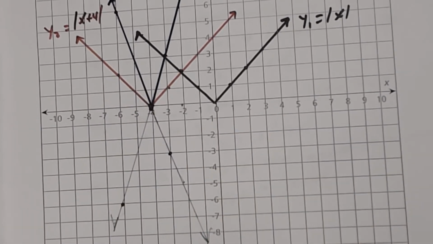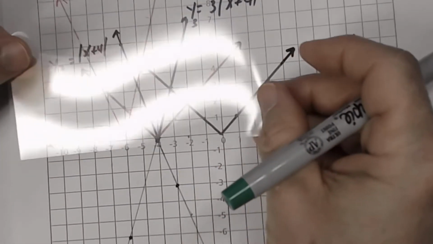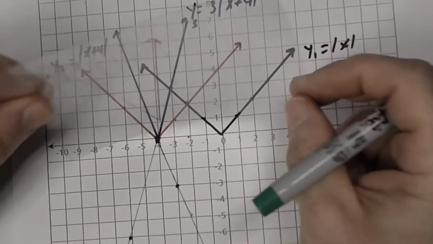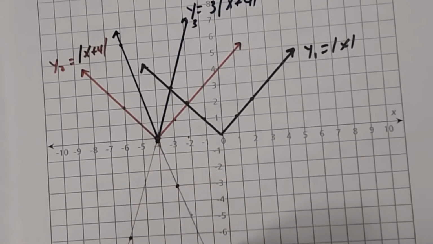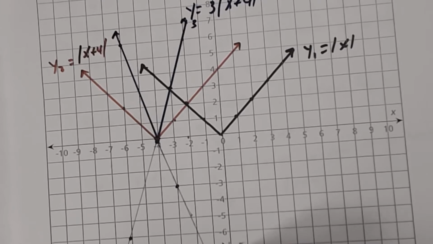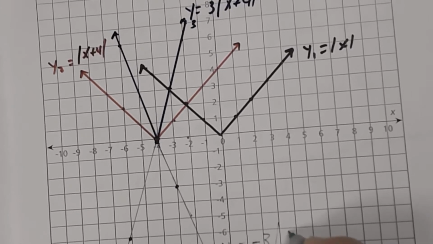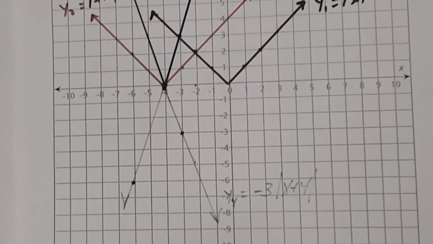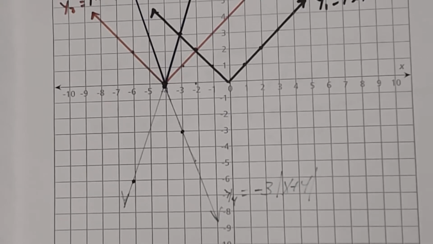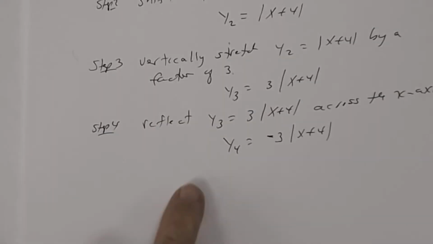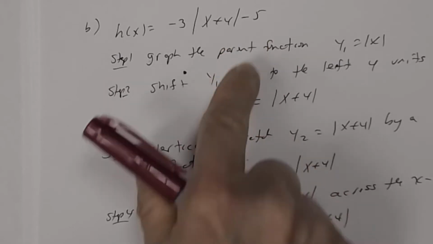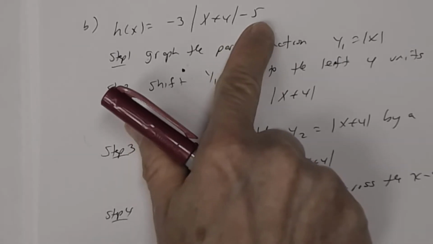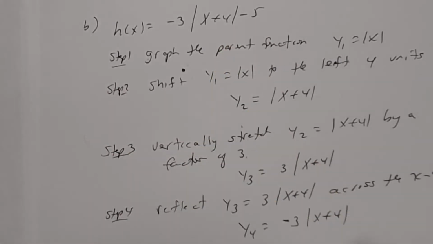That was the one where we had this, and then I reflected it about the x-axis, and I get this. So that is y4, which equals negative 3 absolute value of x plus 4. Now what we want to do next is a vertical translation. That's intuitive here, it just means I go down 5 units.